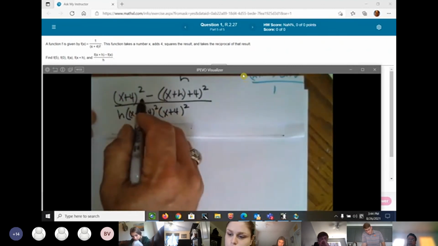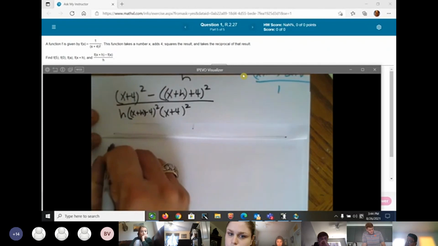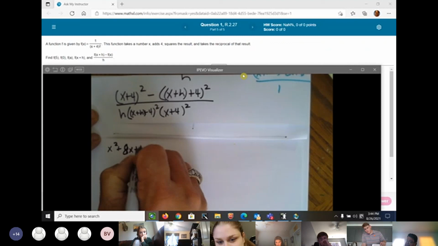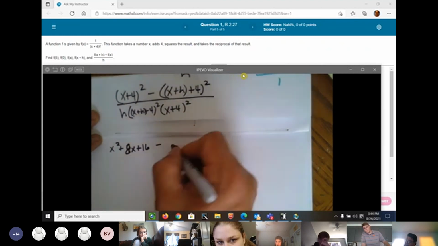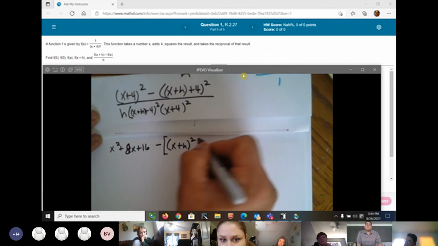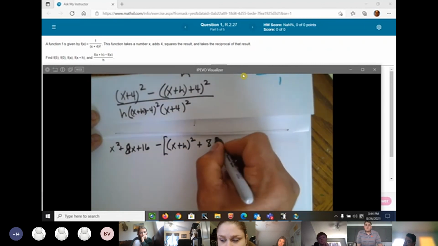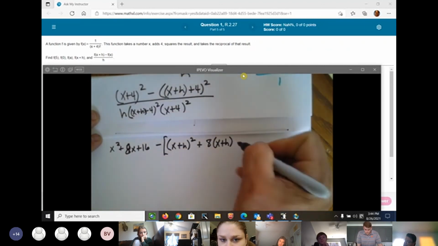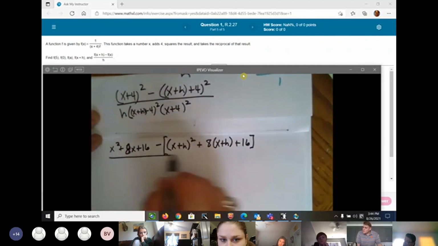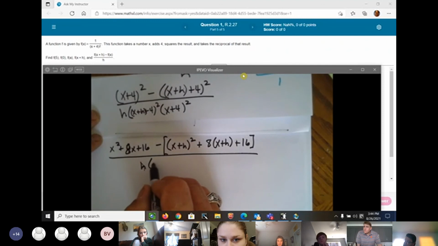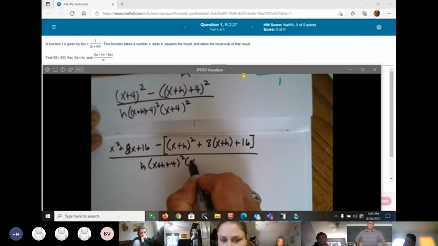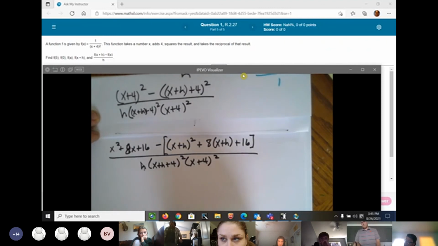This is going to be x squared plus 8x plus 16 minus (x + h) squared plus 8 times (x + h) plus 16, all over all this trash. (x + h + 4) quantity squared, (x + 4) squared.